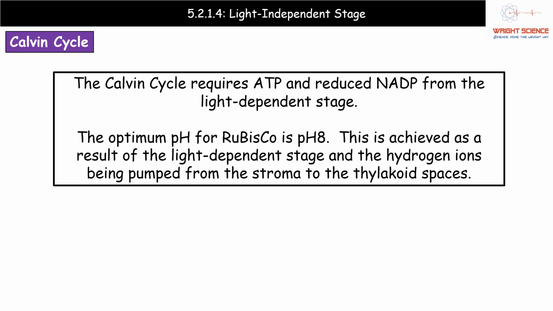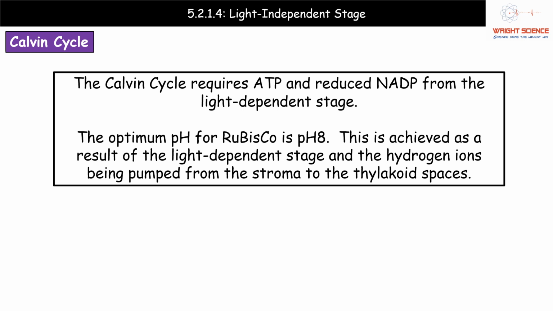The other thing to bear in mind, we've mentioned this enzyme rubisco, and the optimum for that enzyme is pH 8. Now, what we do hopefully remember from the last video is that at one point we were talking about hydrogen ions being pumped into those thylakoid spaces.